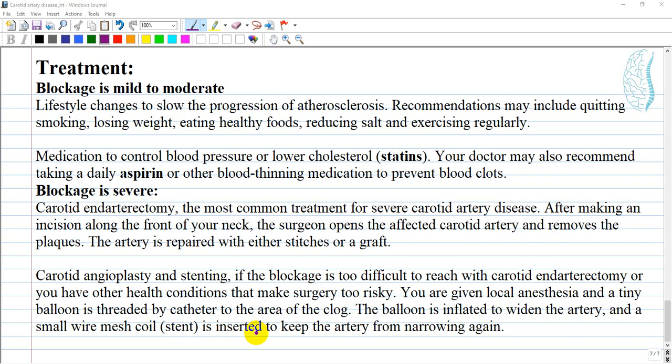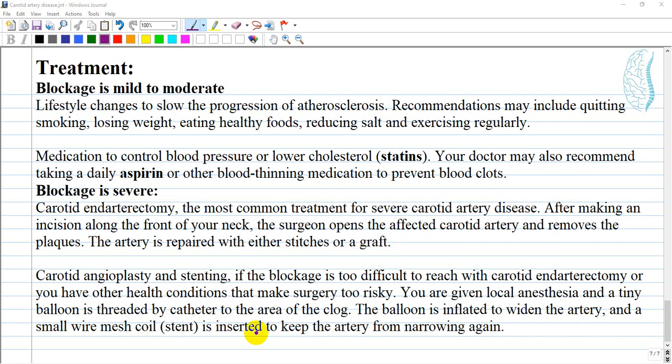If the blockage is too difficult to reach with carotid endarterectomy, or you have other health conditions that make surgery too risky, you are given local anesthesia and a tiny balloon is threaded by catheter to the area of the clog. The balloon is inflated to widen the artery, and a small wire mesh coil, also known as a stent, is inserted to keep the artery from narrowing again.